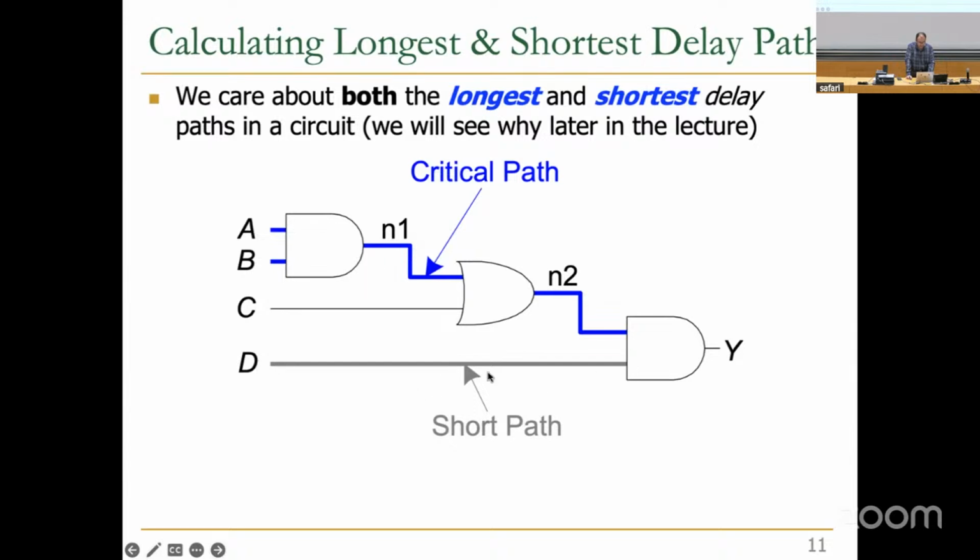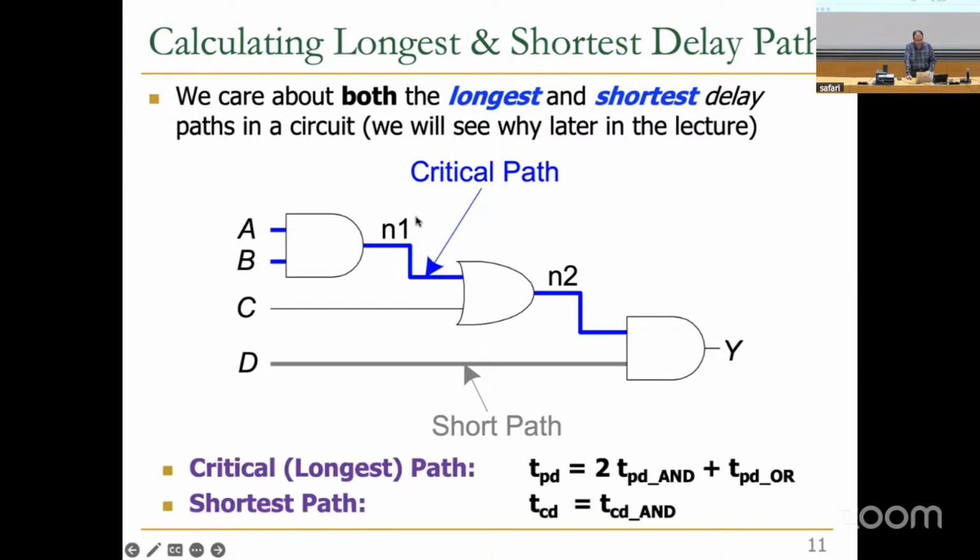Very likely your shortest path is from D to Y, because it only goes directly to this gate. If you want to calculate the minimum latency of this circuit, you need to check the shortest path. If you want to calculate the longest latency, you need to go through the critical path latency.